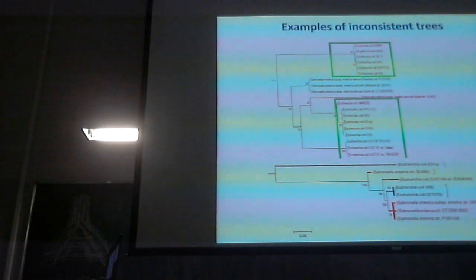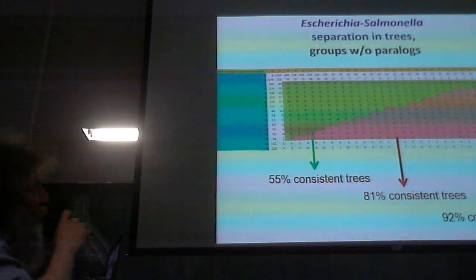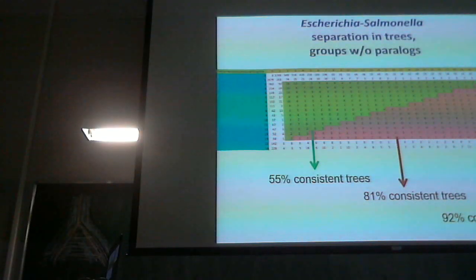And if you go back to this table, we see that the trees for universal and almost universal genes are almost all consistent.